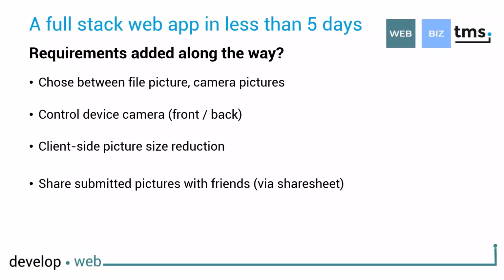And of course, sending pictures with a really high size was not really desirable. So the idea was to reduce the picture size already at client side in case someone had picked an image of a really considerable size.